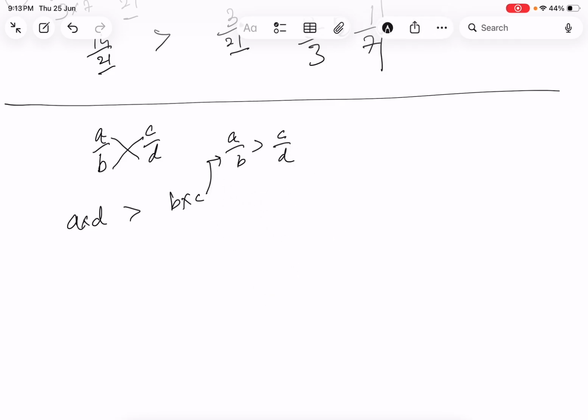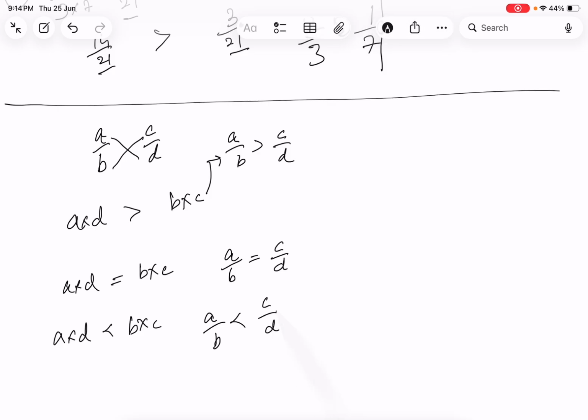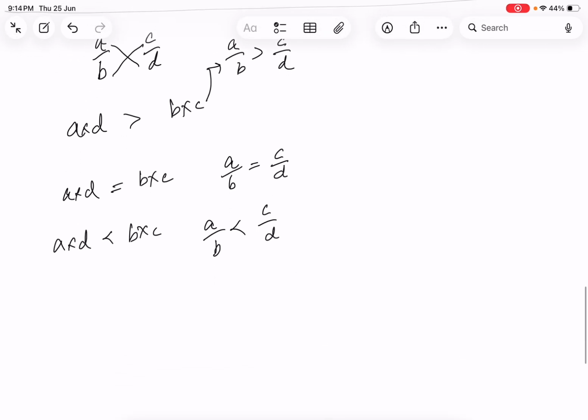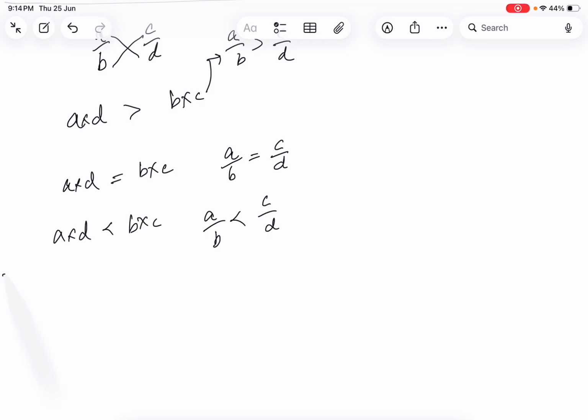If a times d is equal to b times c, then both rational numbers are equal. And if a times d is smaller than b times c, then a by b is less than c by d. So this is a short update on our last video.